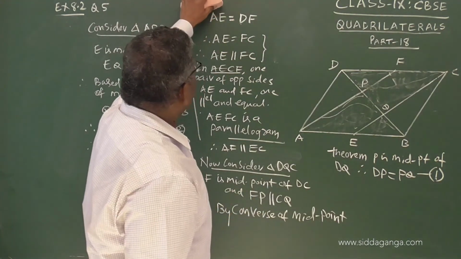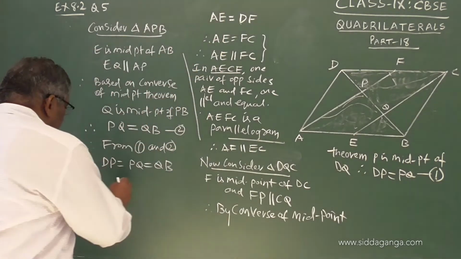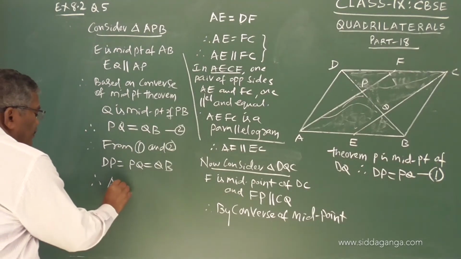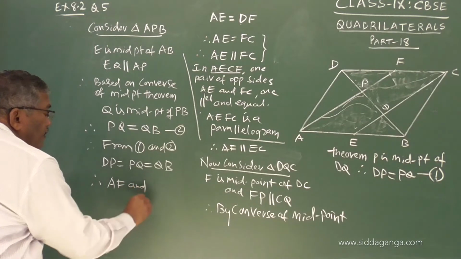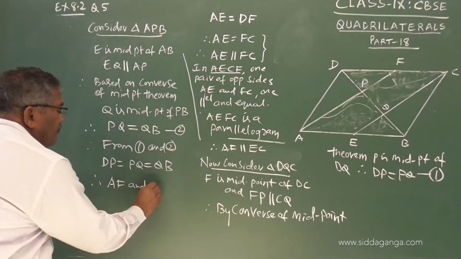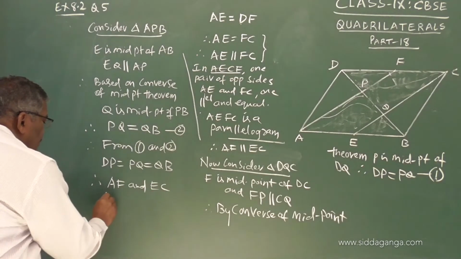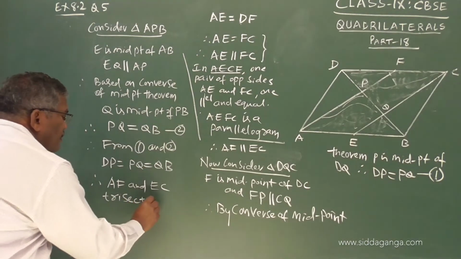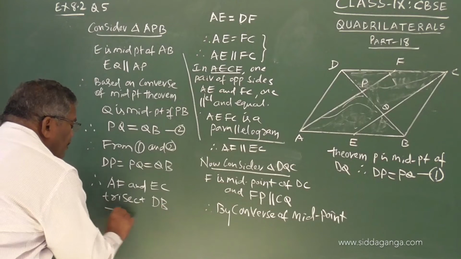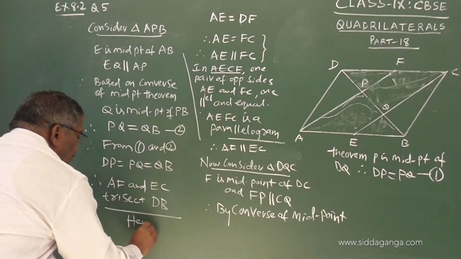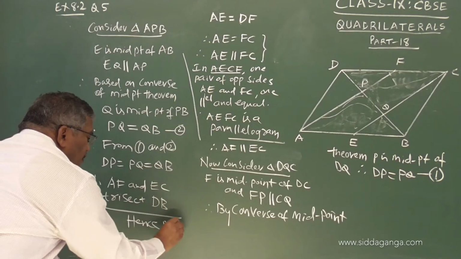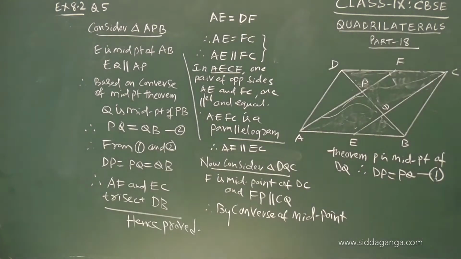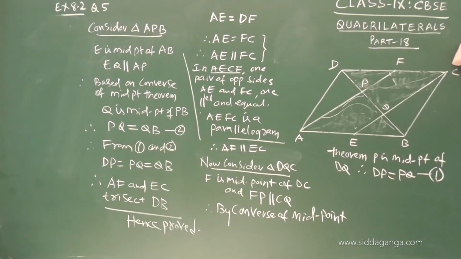I will write here. So therefore, AF and EC trisect DB, hence proved. So this is the fifth question.